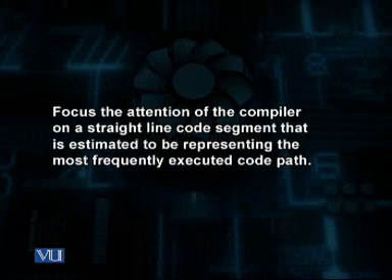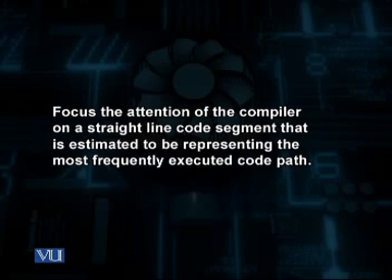These two techniques rely on the simple principle of focusing the attention of the compiler on the straight line code segment that is estimated to represent the most frequently executed code path.